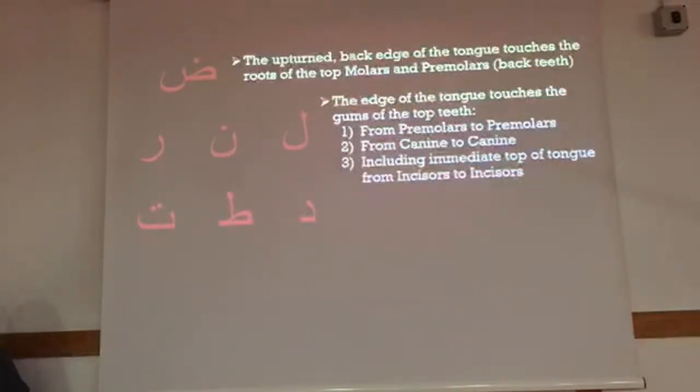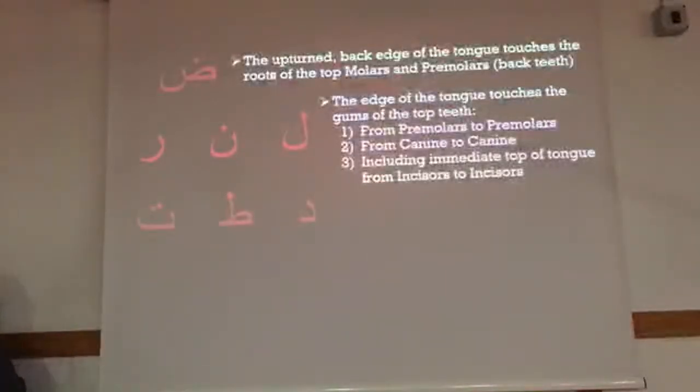The next three letters we have are dal, ta, and ta. Dal is the smiley letter, remember, ta is strong, heavy, and ta is smiley. If you remember last lesson, I think it was 5 pairs that we spoke about. We spoke about the heavy version and the smiley version.